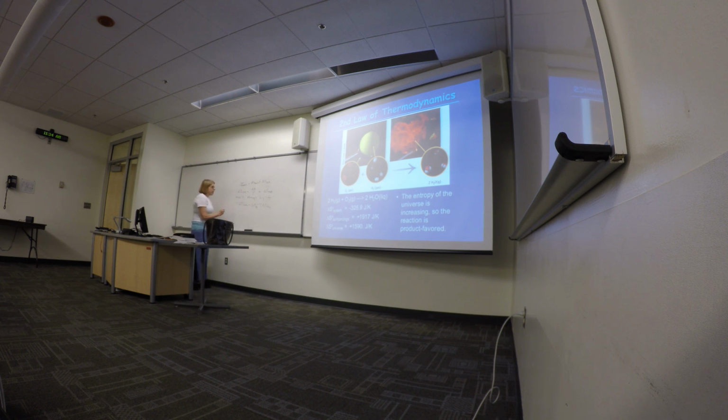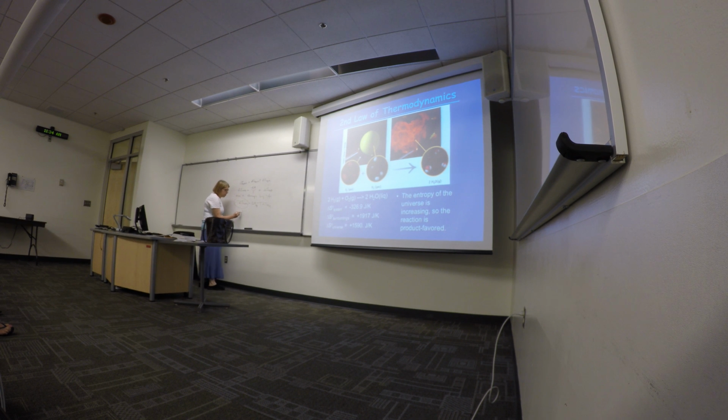Okay, now we're going to go back and we're going to say that this negative T delta S for the universe, that change, whether it's positive or negative, is going to be represented by delta G is equal to delta H minus T delta S. And we drop the system, okay, because we'll just assume from now on that all our delta H's and all our delta S's are for the system, okay?